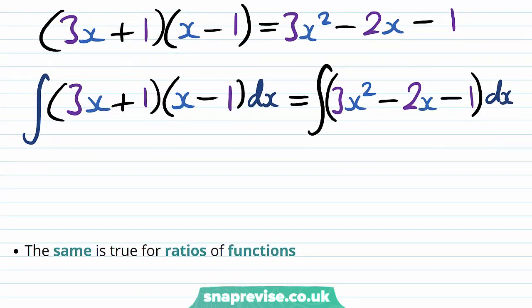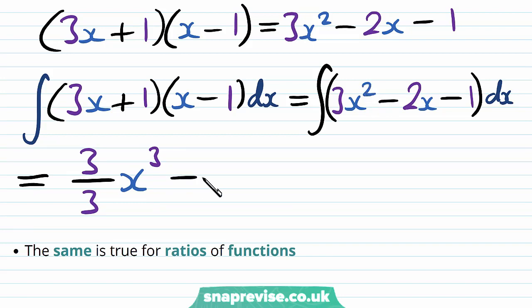And then all we do is apply the rule for each term in turn. So we have this 3x squared. We're going to take the 3, that's the constant outside. We're going to add 1 to the power and then divide by that, so we get divided by 3, and then we have x to the power of 3, the power before increased by 1.